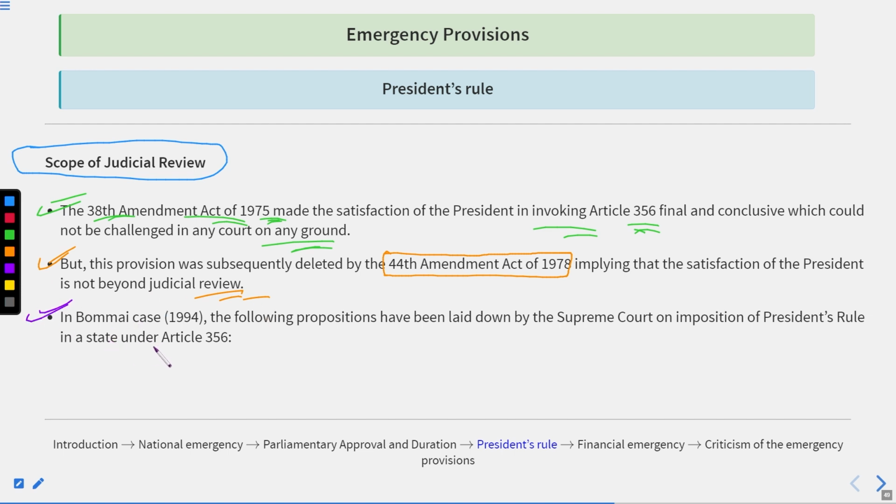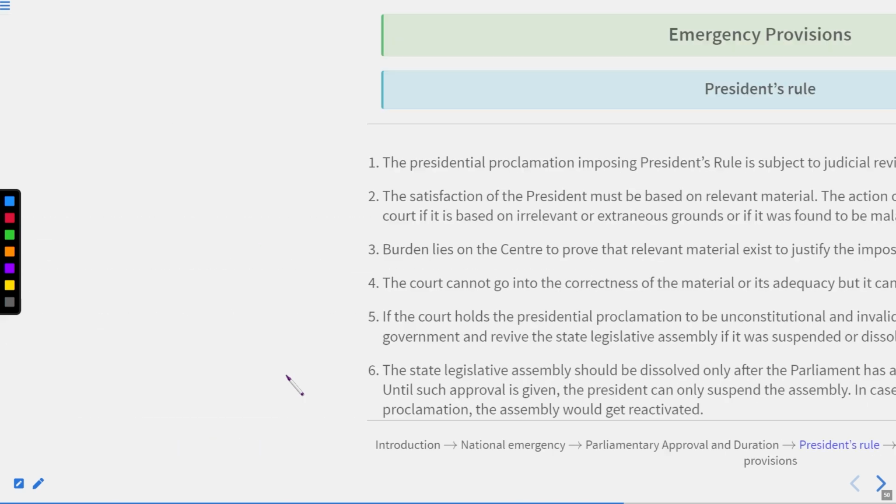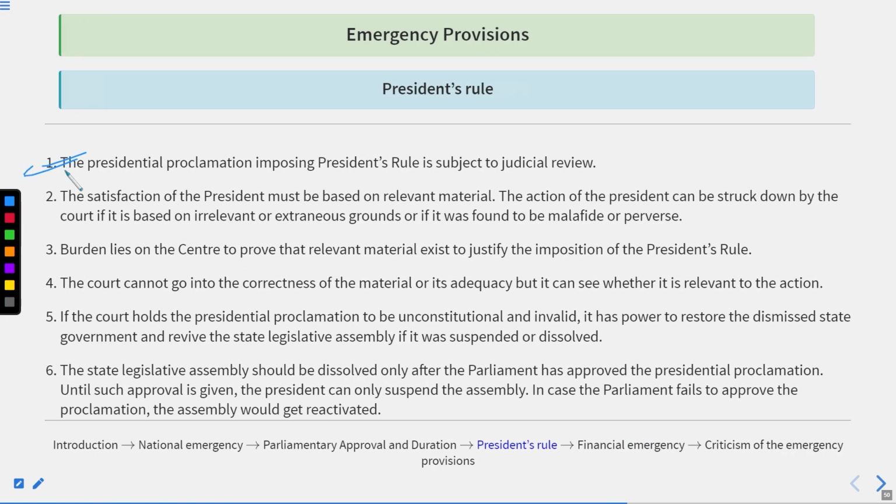In the Bommai case, 1994, the following provisions were laid down by the Supreme Court on imposition of President's rule under Article 356. First, the presidential proclamation imposing President's rule is subject to judicial review. Second, the satisfaction of the President must be based on relevant material.